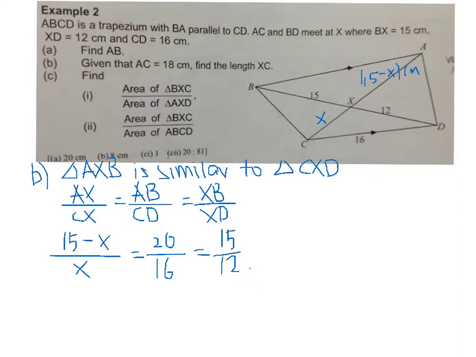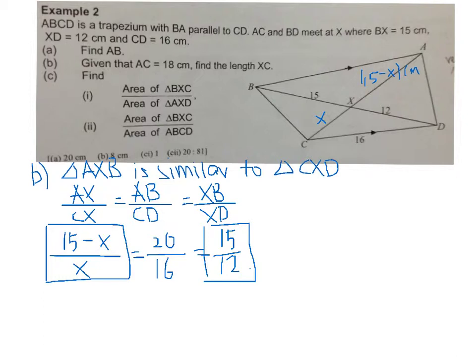So what we need to do now is to simplify the equation. What I do is I will take this and this, because this over here, 15 over 12, is a given value, whereas 20 is my calculated value. So if you can avoid using any calculated values, you should avoid.